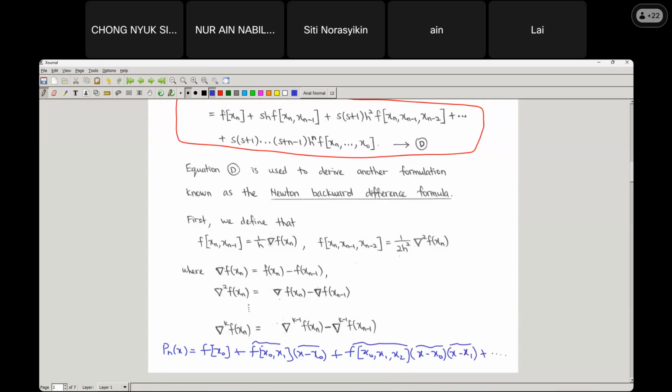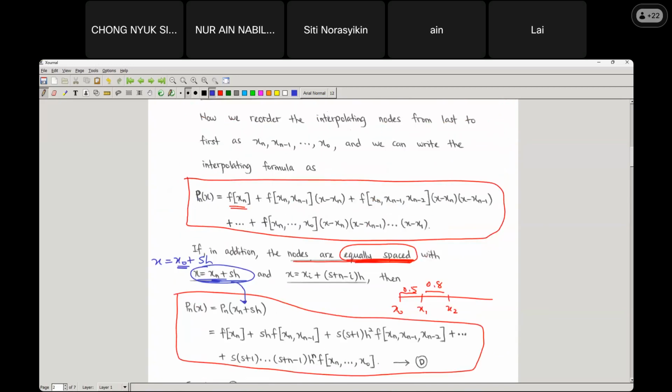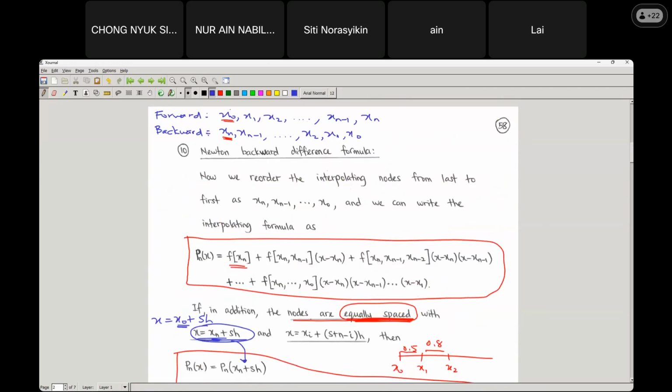We're using this formula, so you need to substitute what x minus x0, x minus x1 is here. For the backward, we also do the same thing, but here it is x minus xn. It's the other way around. If forward, here should be x0, x1, but if backward, we take xn and xn minus 1. So if forward, we take these two, and if backward, we take these two.